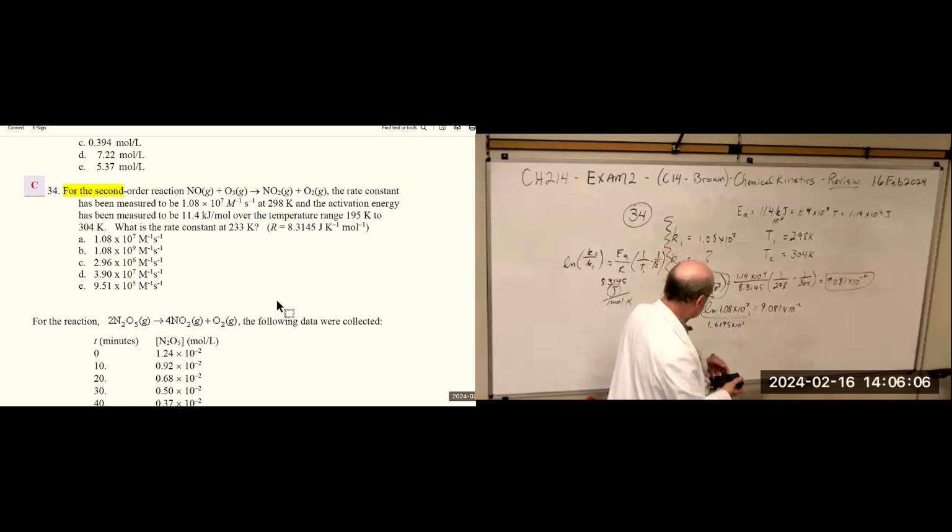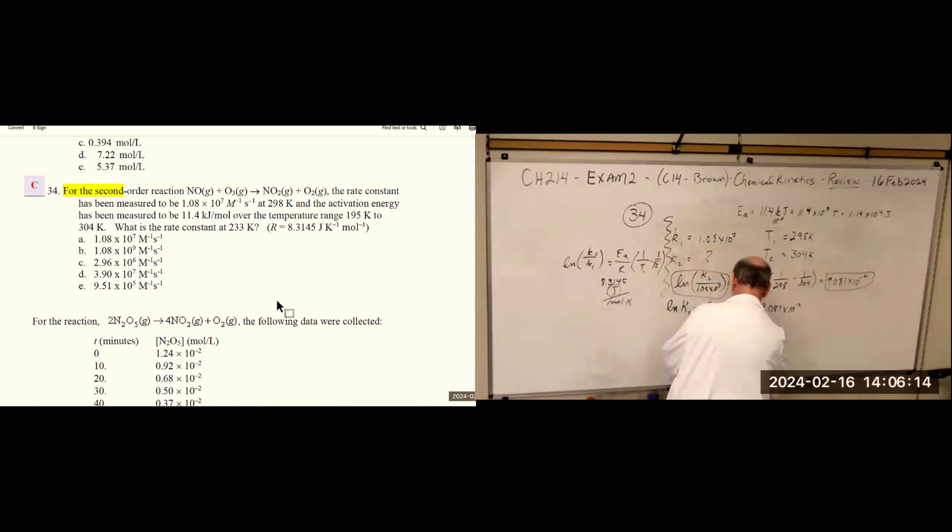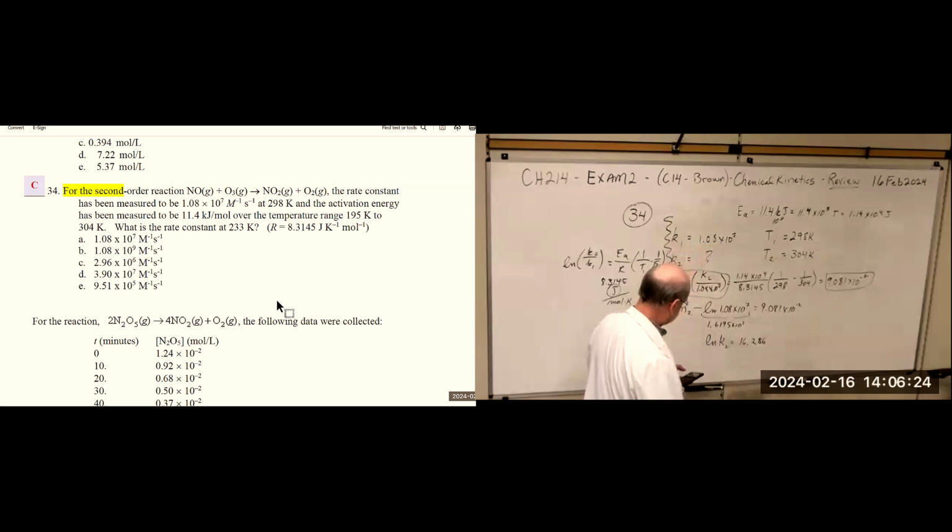So we're going to add that to this value. Now we have the natural log of K2 equals, I'm going to give it to you in standard notation, 16.286. So now, in order to find out what K is, we need e to that power.